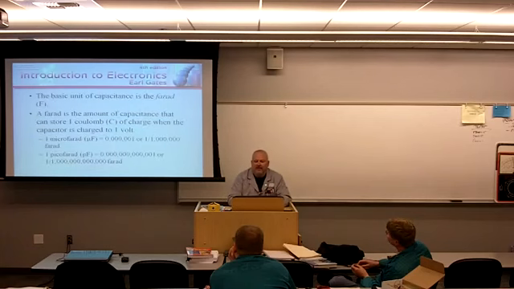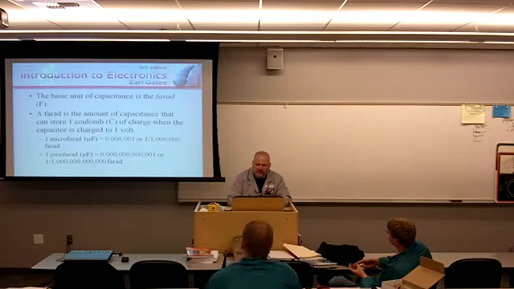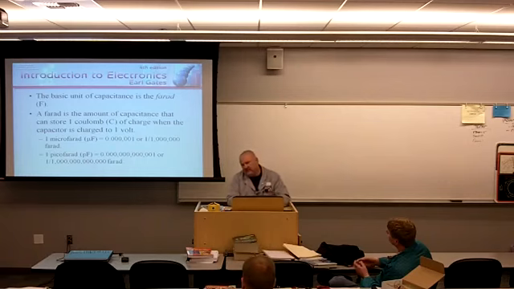The basic unit of capacitance is the farad. A farad is the amount of capacitance that can store 1 coulomb, remember the coulomb, 6.24 times 10 to the 18th electrons of charge, when a capacitor is charged to 1 volt. So we've got a couple of different things going on there.